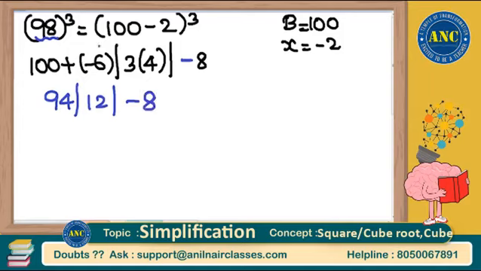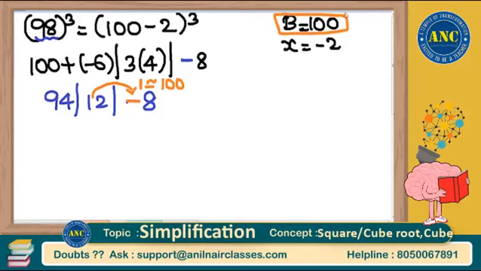Then minus 8. So I want to convert this negative person who is having negative value to a positive person. Let us all be happy. Let us all be positive in life. So what I will do is, I will borrow 1 rupee from this person. If I borrow 1 rupee, 1 rupee is actually equivalent to 100 rupees in this case, because my base system is 100 in this example.